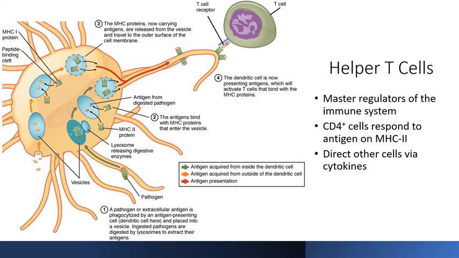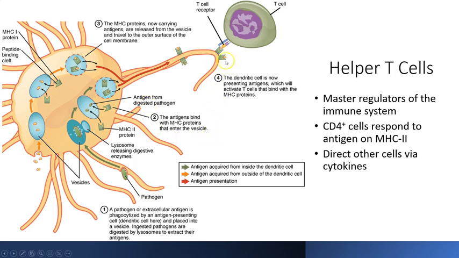Our CD4 helper T cells are master regulators of the immune system. Helper T cells are required to present a robust adaptive immune response. CD4 helper T cells are able to communicate with MHC2 molecules on the surface of antigen-presenting cells, like the dendritic cells seen in this picture.